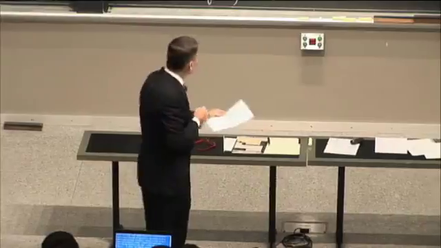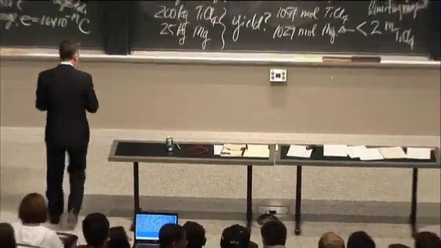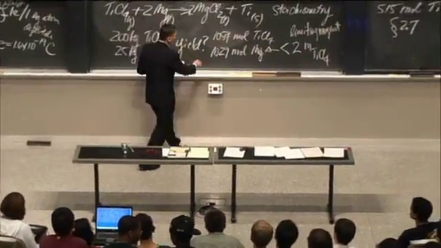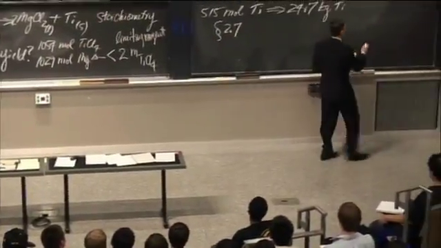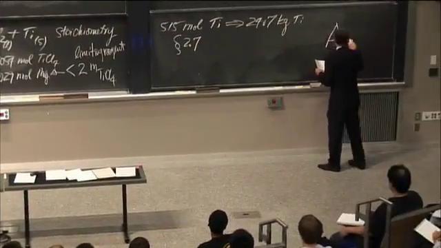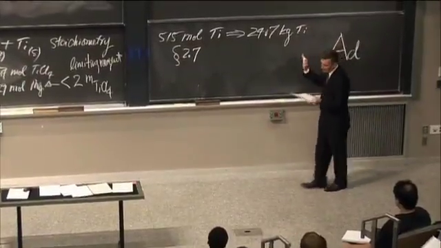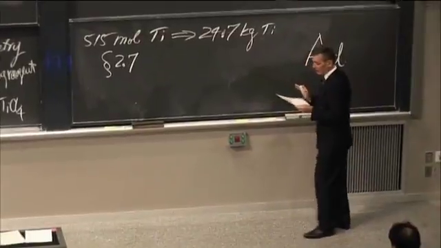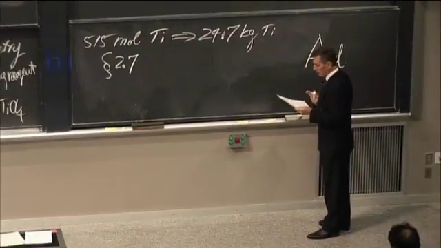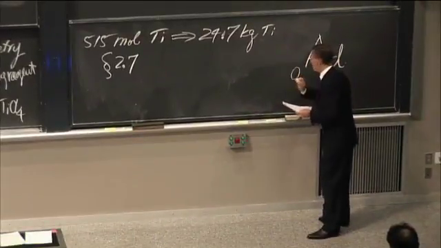The element tentatively named administratium. You know, I don't know if IUPAC is going to go for this, but you can suggest names. So they're going to name it administratium, the discoverers. It has no protons or electrons, so that means its atomic number is 0.